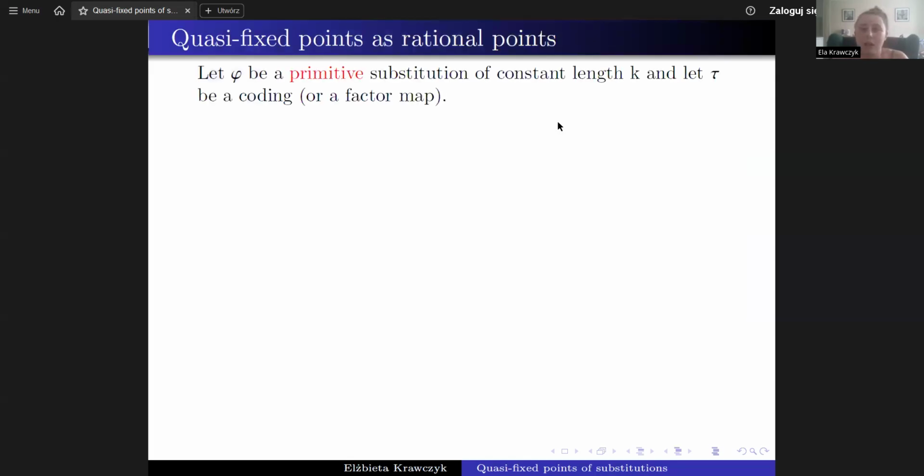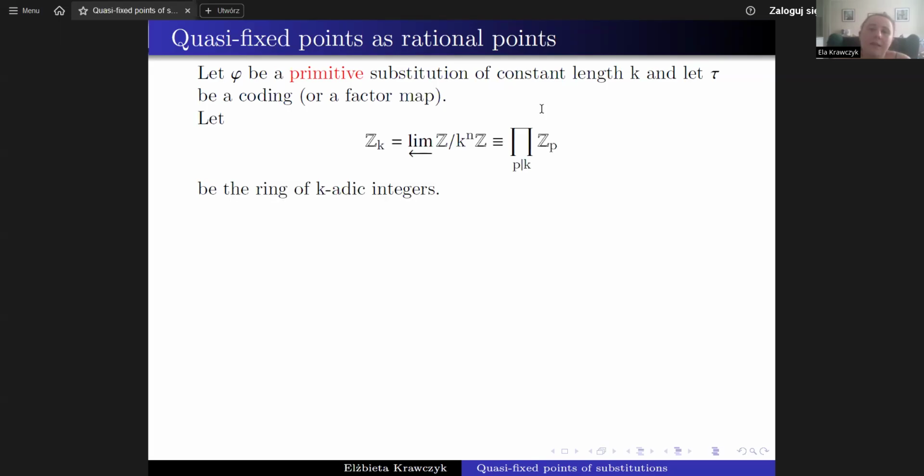Okay, so here is a little interlude. I like to think about these quasi-fixed points which lie in my substitution systems as a kind of rational points. And in the case when my substitution is primitive of constant length, I can actually make it very precise.